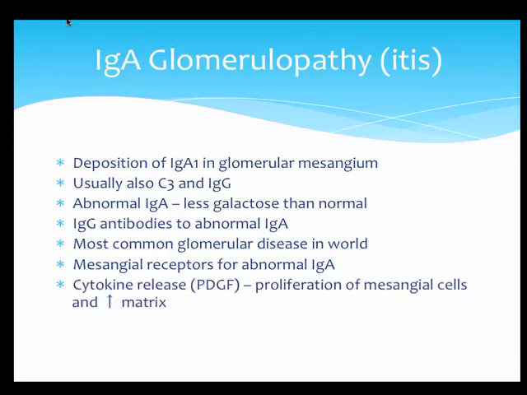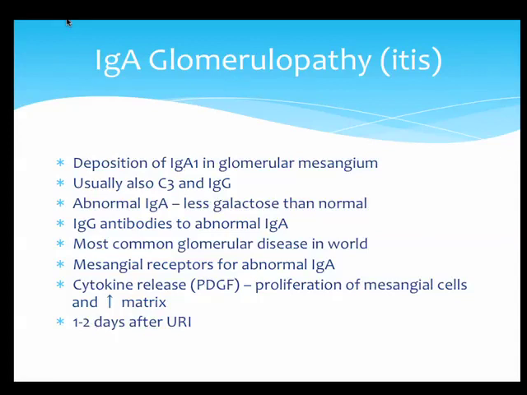This deposition of IgA in the mesangium results in a cytokine release from a number of different sources. In particular, the platelet-derived growth factor that is released results in proliferation of mesangial cells and increase in mesangial matrix.